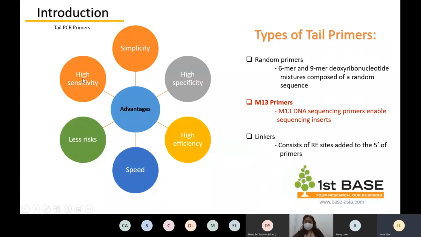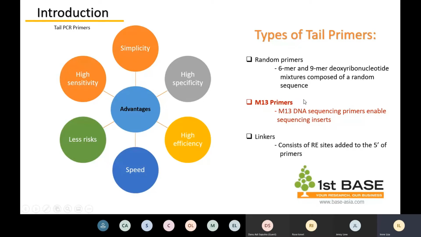Now there are a few types of tail primers. The first one is random primers, which we call either 6-mer or 9-mer deoxyribonucleotides. These particular sequences are very common when we want to build cDNA. So we have a capturing area, and we tend to use random primers to capture.